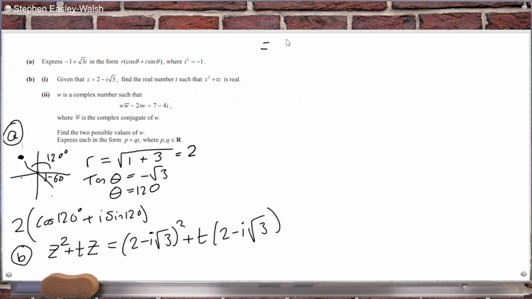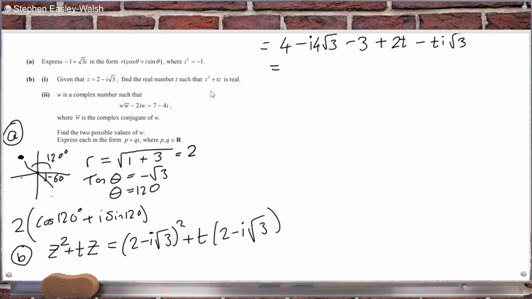So that will equal 4 minus 4 root 3 times i, and then minus by minus is a plus, but i squared makes a minus again, so that's minus 3 plus 2t minus ti root 3.